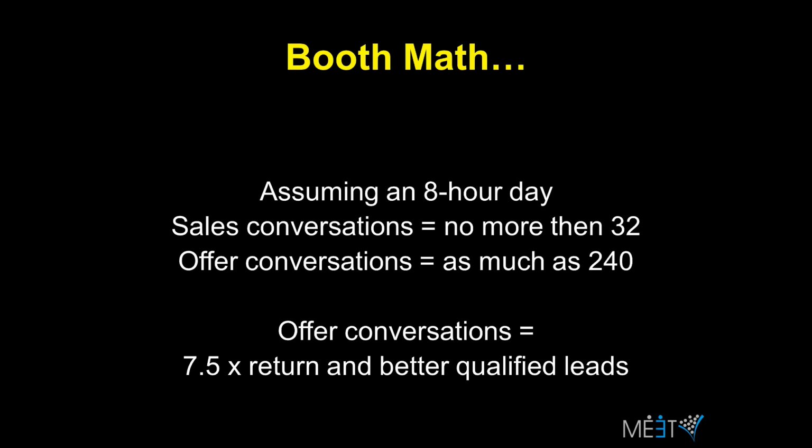But as a minimum, even before we assess that, we're going to get 7.5 times more contacts than through the sales conversation method. So it's a quality and quantity equation. We certainly want to always err towards quality, but we don't mind quantity either. More and better is always good.